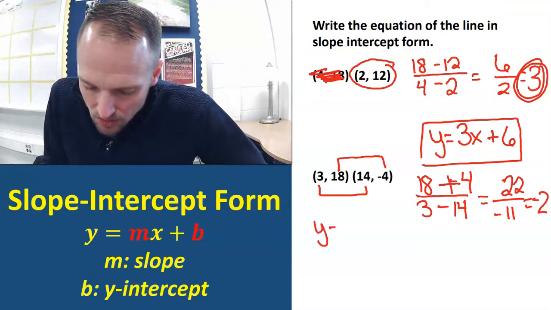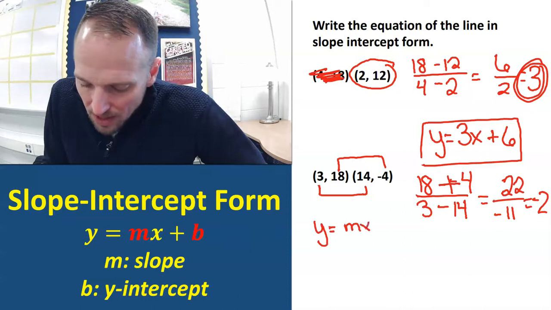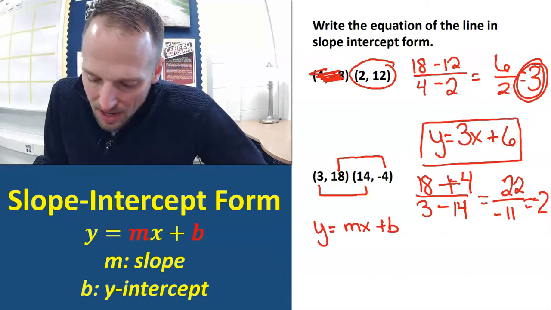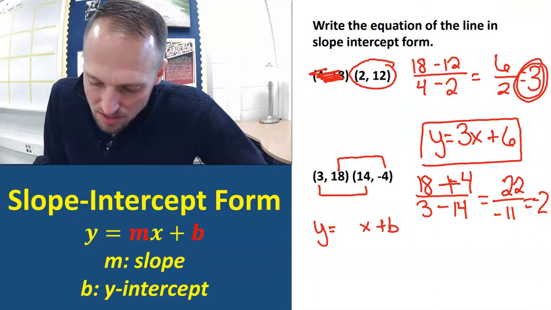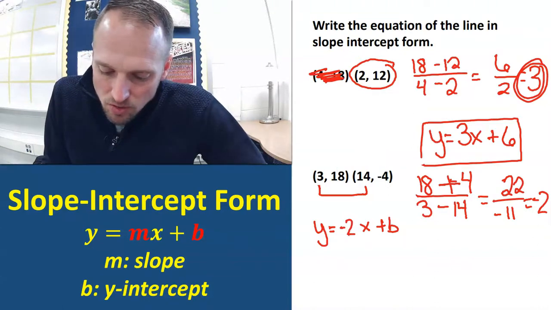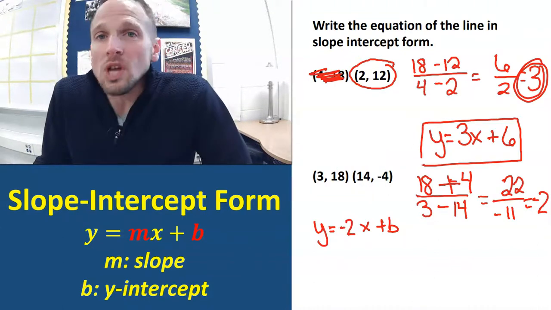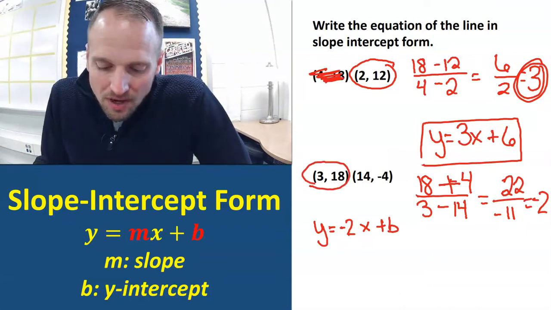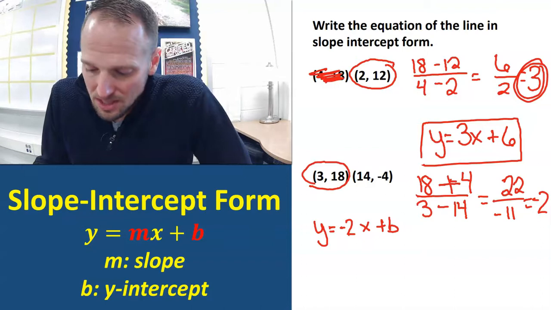So let's write this over here. Y equals mx plus b. And our m is negative 2. Okay, now we need an x and a y. So come back up here and choose whichever ones look easiest. I like that first one. Everything's positive. I think that looks easiest.